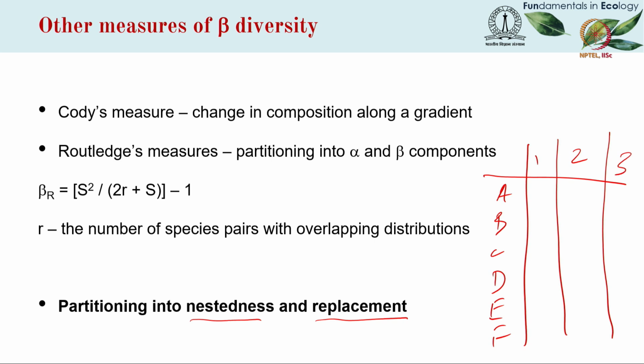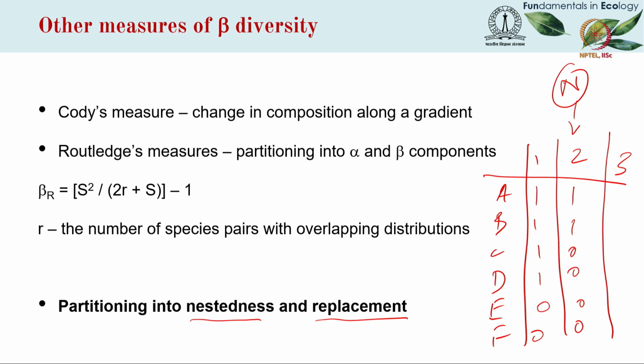Now, let's say that area 1 has A, B, C and D. Now, if area 2 has just A and B, 2 is said to be nested within 1. So, the species in area 2 are a nested subset of the species in area 1.